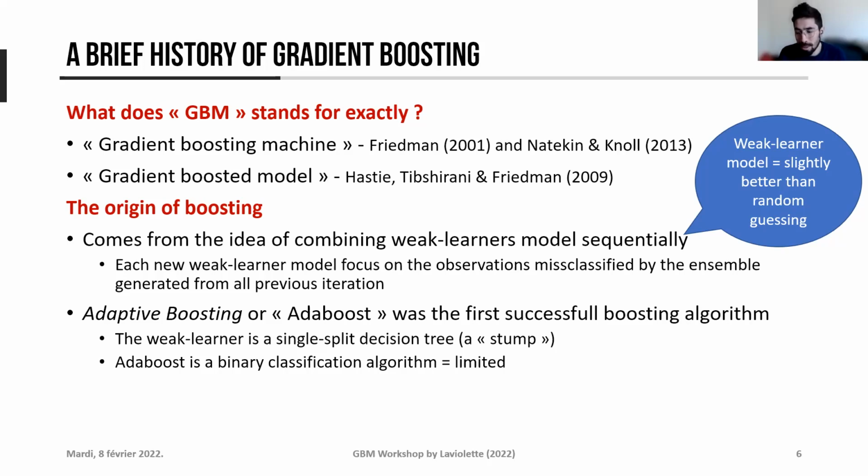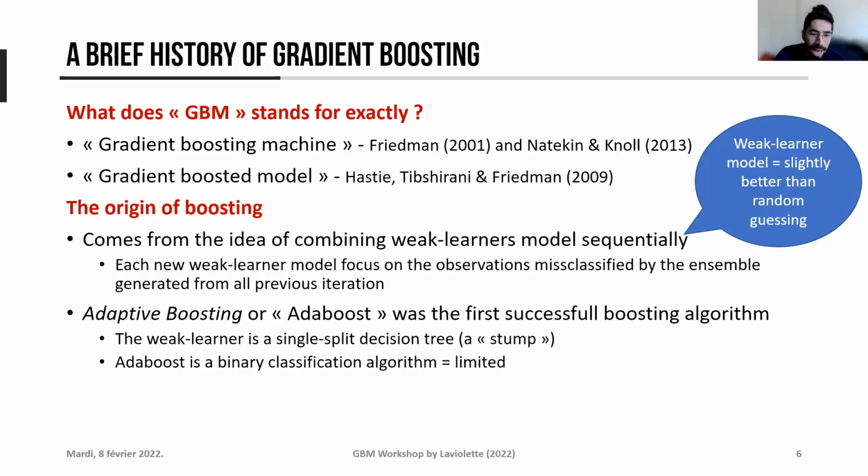As in the tree growing process, the idea is really to focus on those observations that are harder to predict. And the predictions are then made by a majority vote of the weak learners' predictions, weighted by their individual accuracy. As I said, the most successful attempt at this was something called AdaBoost, which was invented in the 80s or 90s, I can't remember.